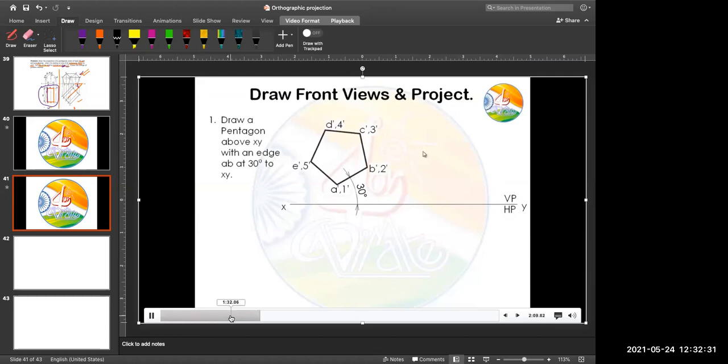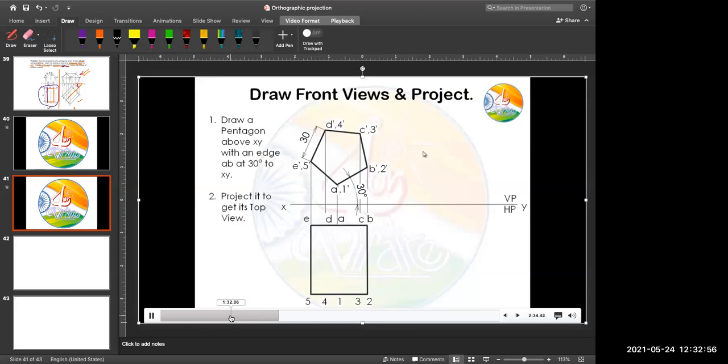Once we have got all the five vertices, we have to project them downwards to get the top view. These lines are called projector lines. After drawing the projector lines, we should find all the vertex points, and once we are done, we should draw the outermost boundary. The next step is to identify which edges will be visible.